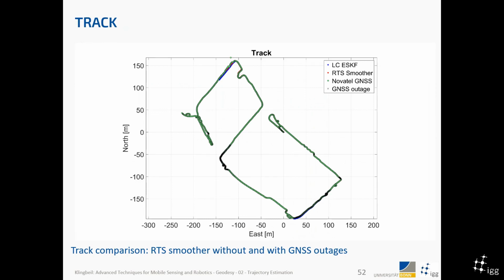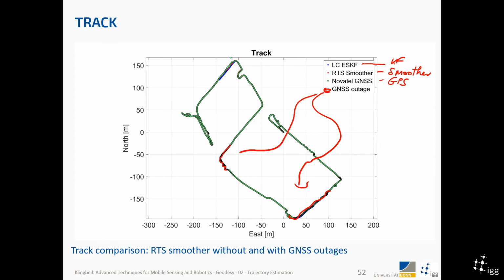So what do we have now? We compare different tracks. We compare a normal Kalman filter, right? This is a smoother, an RTS, Rauch-Tung-Striebel smoother. This is GPS, and there are areas which I will mark with a pen later where we introduce the GNSS outage, here and here. It's an artificially introduced outage of GPS.